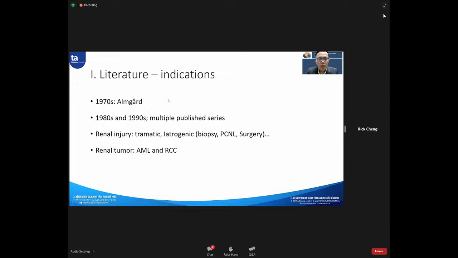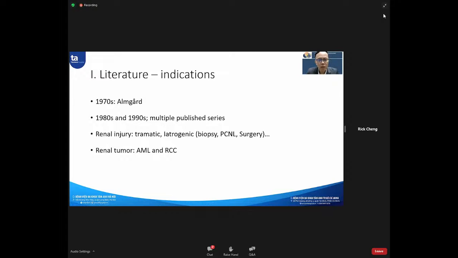So RAE was performed from 1970 by Anman. He performed the renal artery embolization for hematuria, and after that, up to now, many have been published, and the indication of the RAE is divided into 2 parts.